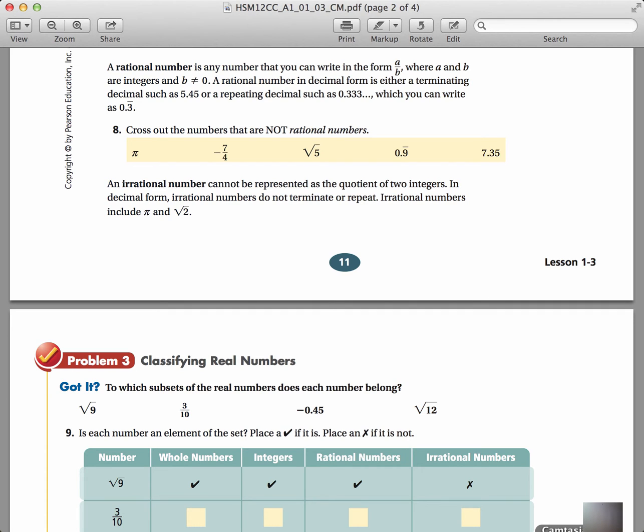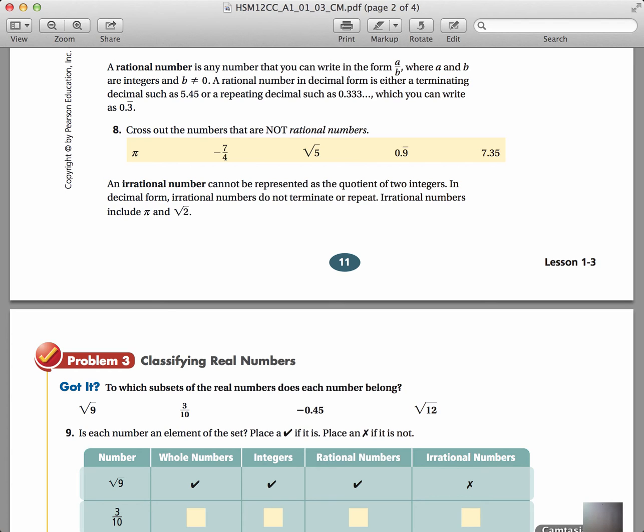So if we take a look at number 8, let's see which one of these actually works out. Well, pi is 3.14 blah, blah, blah. Does it repeat? No, it never repeats. And it keeps on going, right? So this is not a rational number. We can cross out pi.